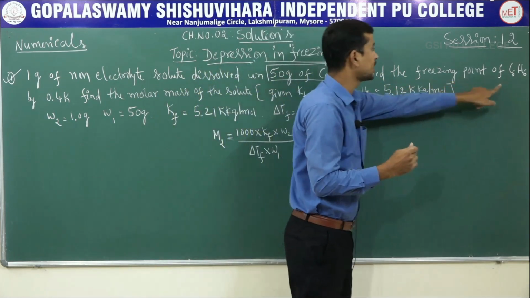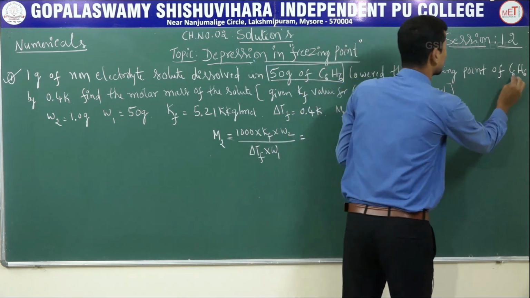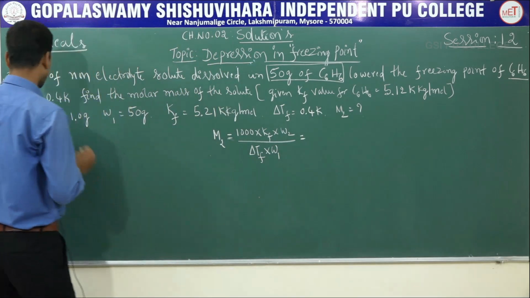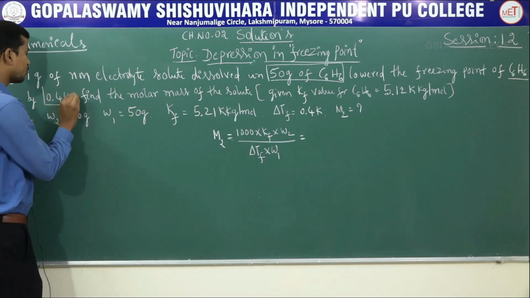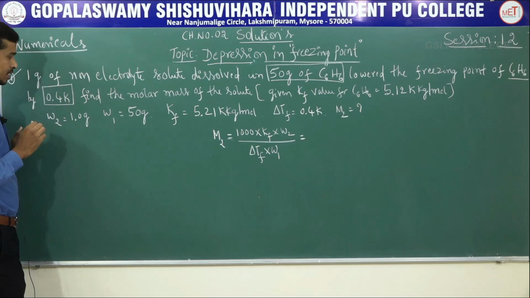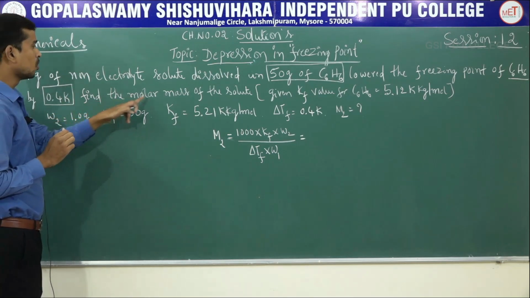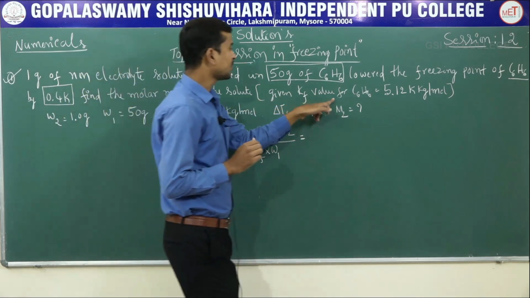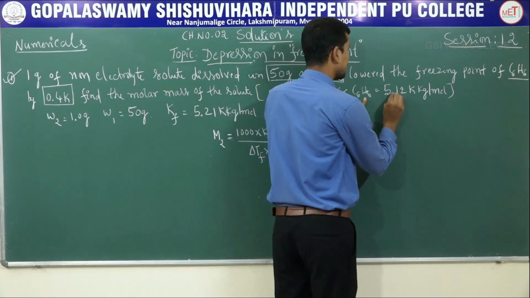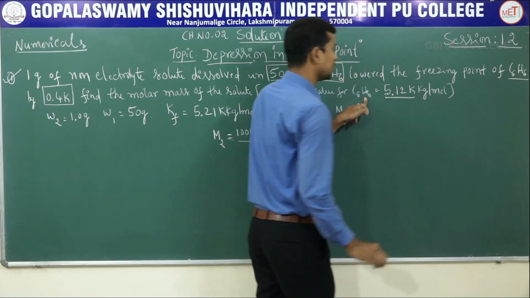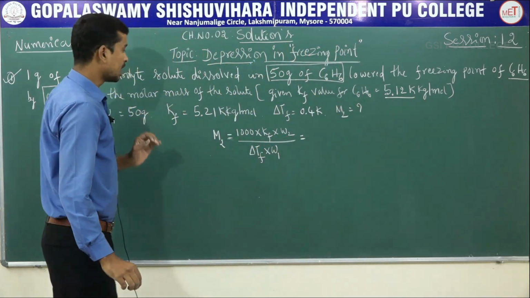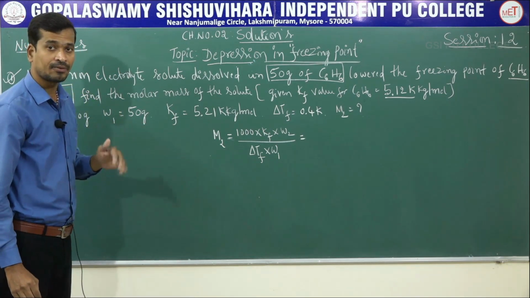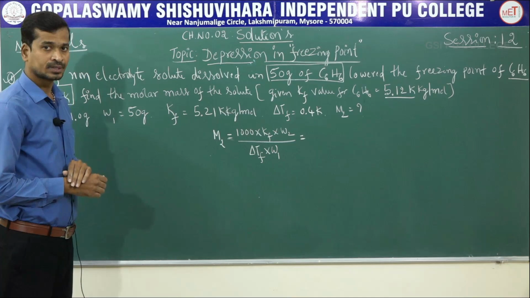It lowers the freezing point of benzene, molecular formula C6H6, by 0.4 Kelvin. Find the molar mass of the solute. Given Kf value for benzene is 5.12 Kelvin kg per mole. You have to find only the M2 value, meaning the molar mass of the non-volatile solute.